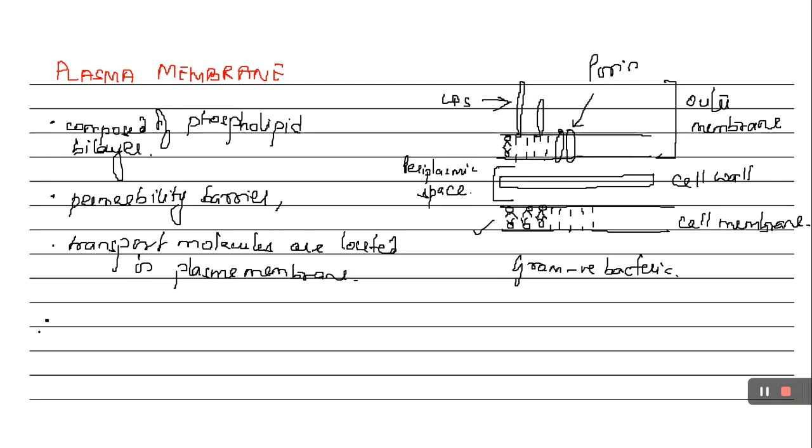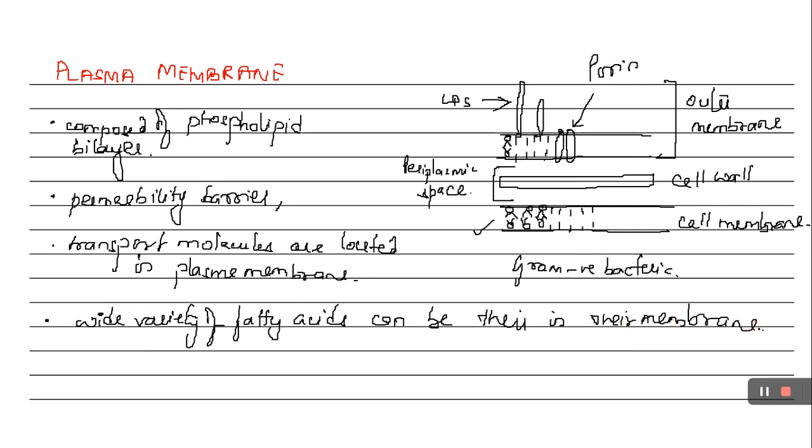The plasma membrane can have a wide variety of fatty acids within the membrane.